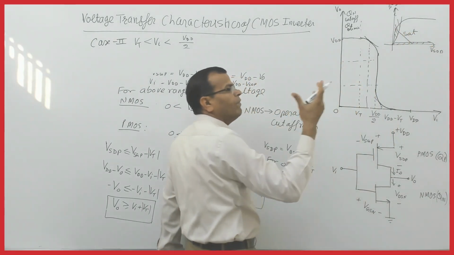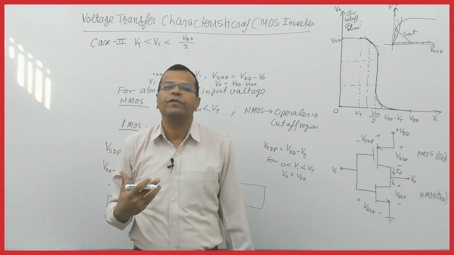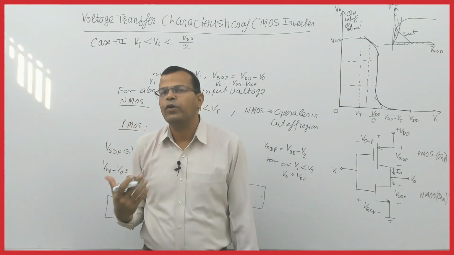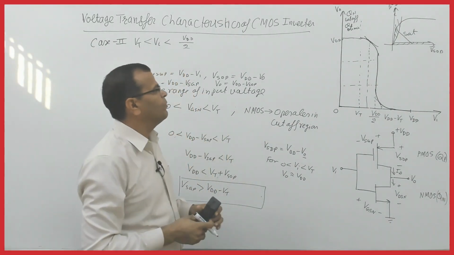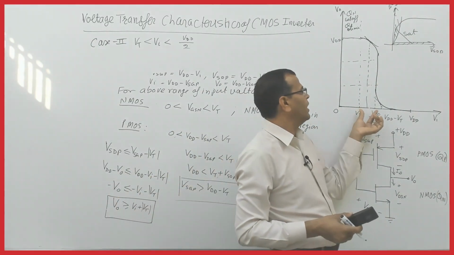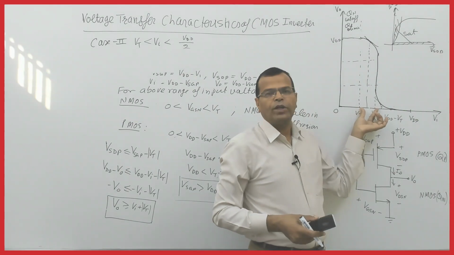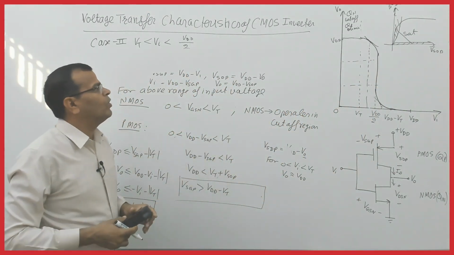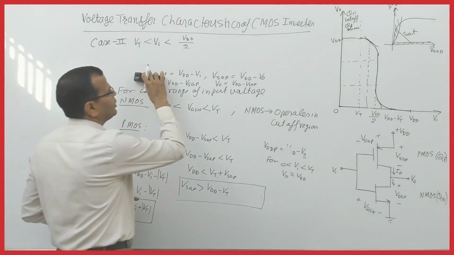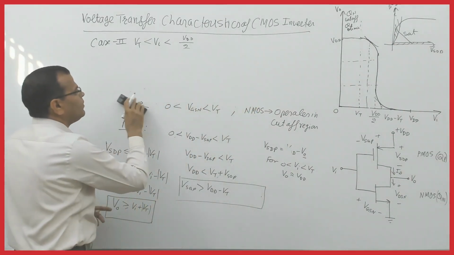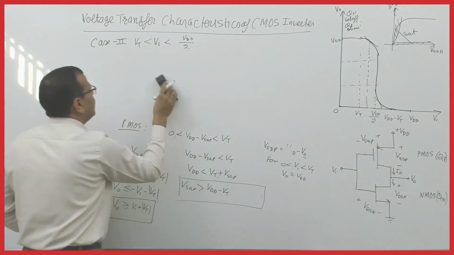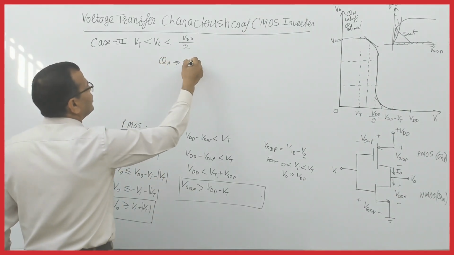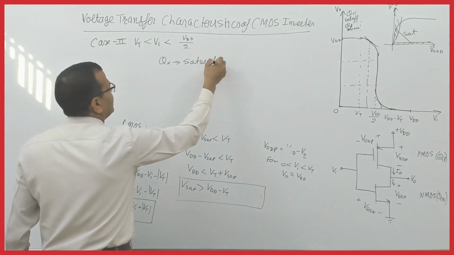It will never shift its operation from cutoff to ohmic directly. It will definitely go through saturation region. So when input voltage becomes more than threshold voltage but less than VDD by 2, your NMOS will be working in saturation. So what I mean to say is, for this range of input voltage, Qn is in saturation region.